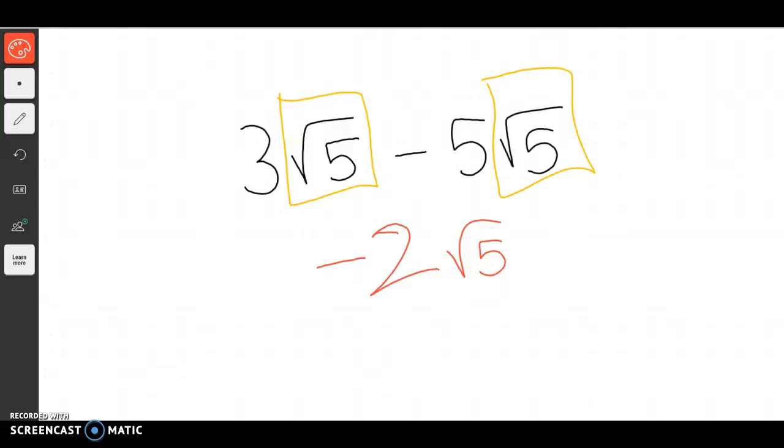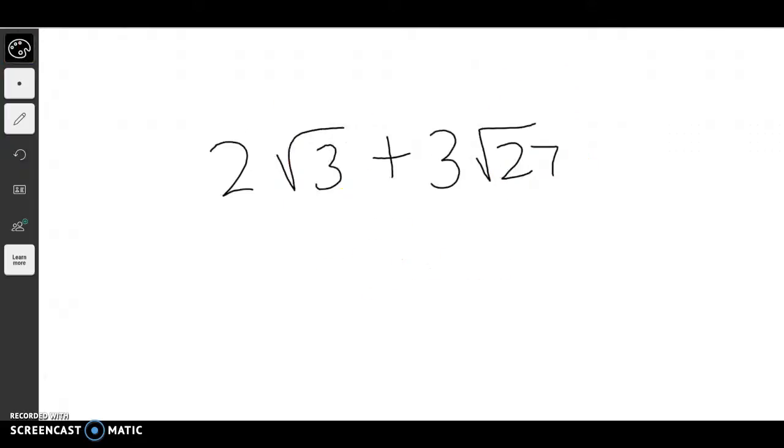Let's try stuff that has some variables in it. Actually, before we get to variables, let's try to do this. Now, if you try to add this together, you're going to get stuck really quickly. Because you could go, oh, I know what 2 plus 3 is. 2 plus 3 is 5. But here's the issue. I don't know what radical 3 is, and I know it's some number.